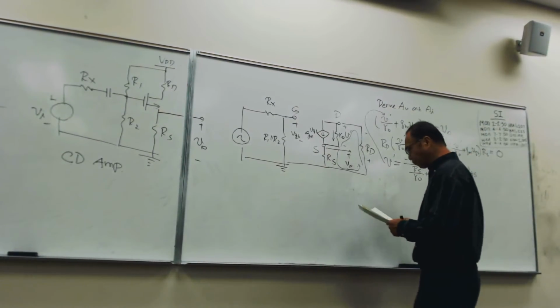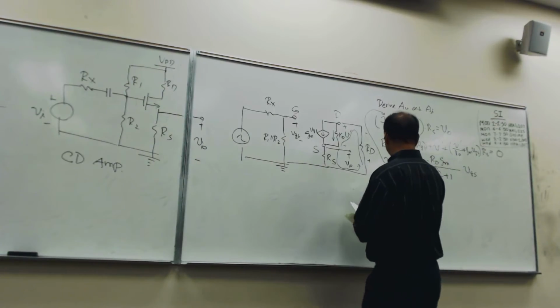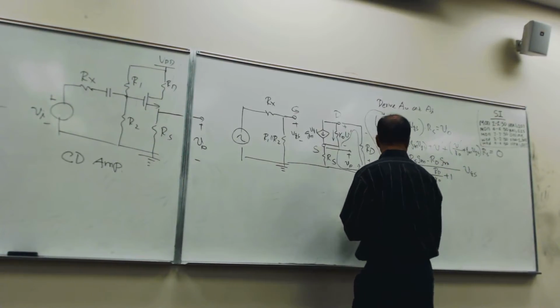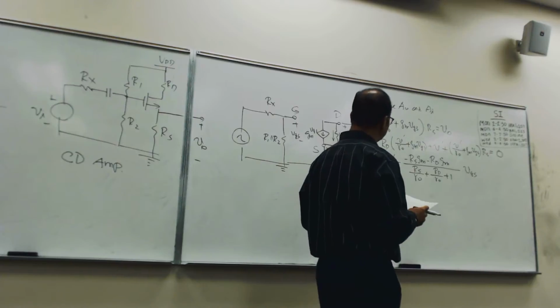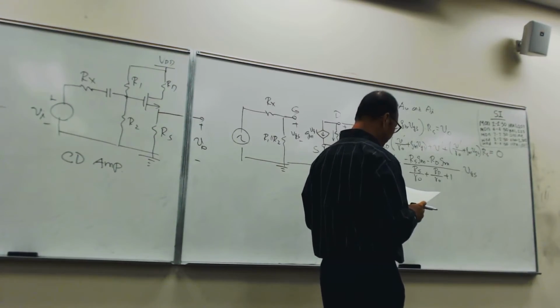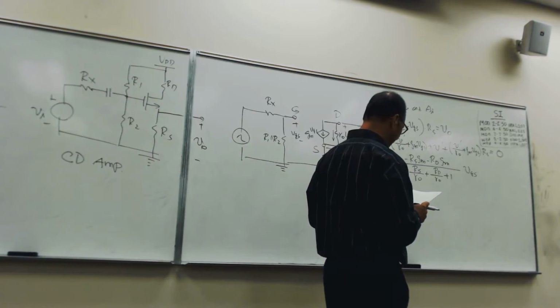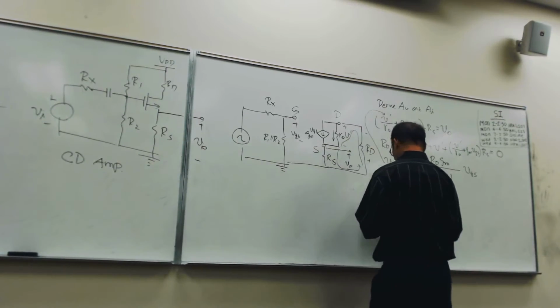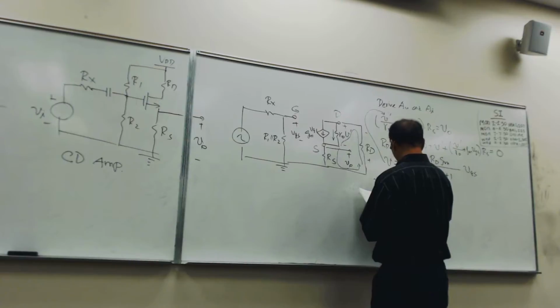So V sub O is equal to, I have to tell you it's quite messy, isn't it? But again, at the end, that's what you're going to have, okay?